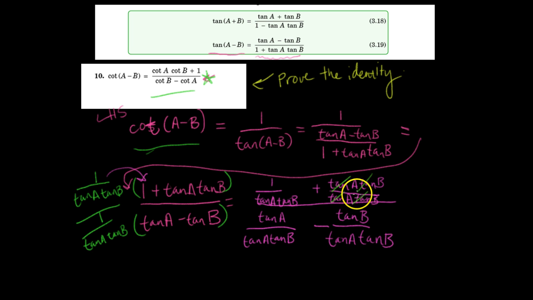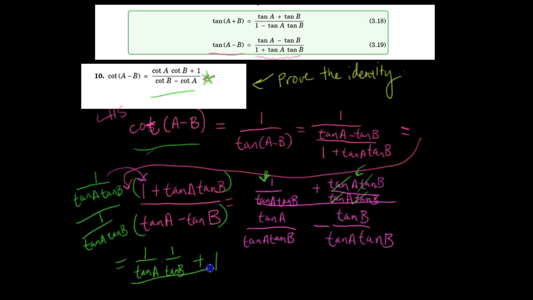So that just gives you a plus 1 here. So we're left with the first term here being 1 over tangent of A times 1 over tangent of B. I'm going to break it up just so you can see that this is actually cotangent A, cotangent B, right? Plus, this second term is just equal to 1.